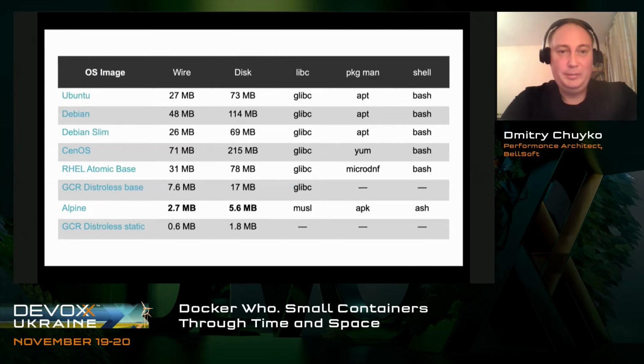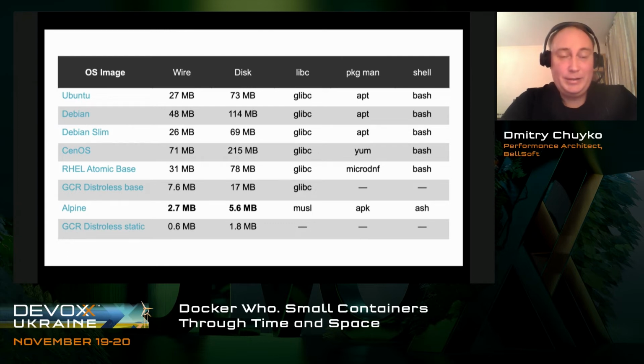Looking at the base OS layer, you will find that it may be very, very different. And in terms of size it may vary 10 times or 20 times, which is a lot. And still there is a champion here: a distro called Alpine Linux, which is less than 3 megabytes when you send the container image over the wire.